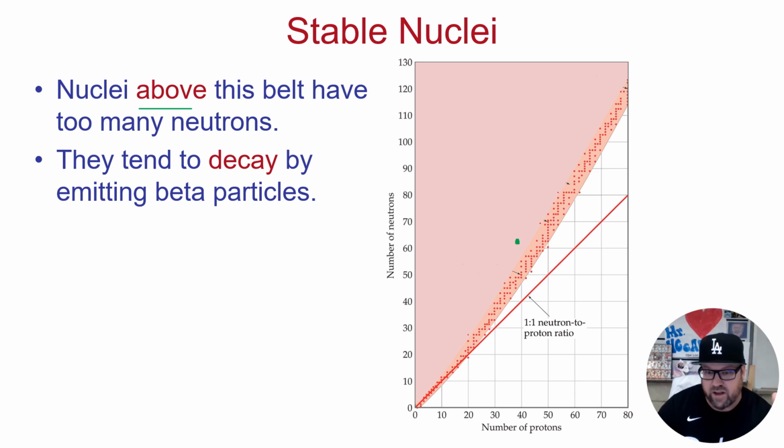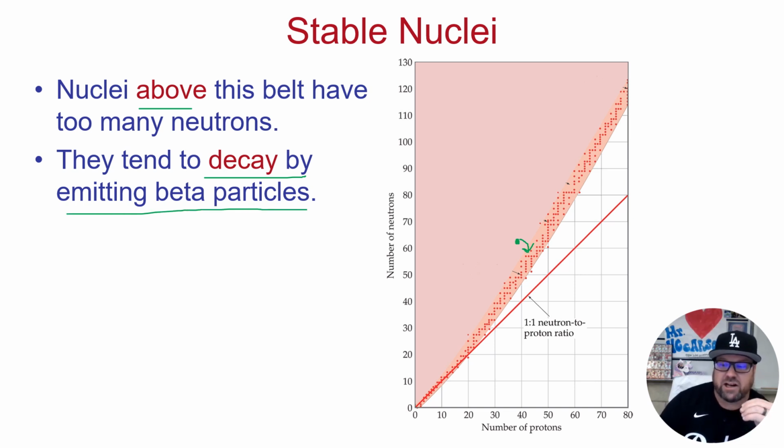So it needs to find a way to get back into the band of stability. What happens here is you tend to decay by emitting beta particles. To emit beta is to actually get rid of a neutron. You split a neutron into a proton and an electron. That electron gets emitted as beta, and then the proton pulls you back towards this band of stability.